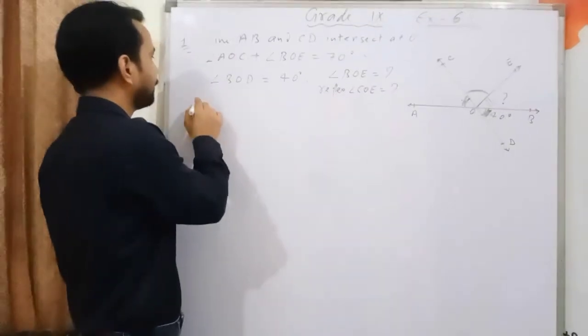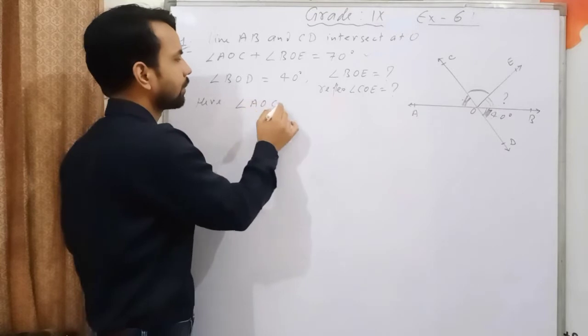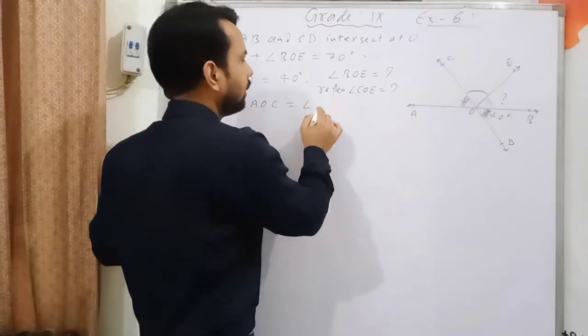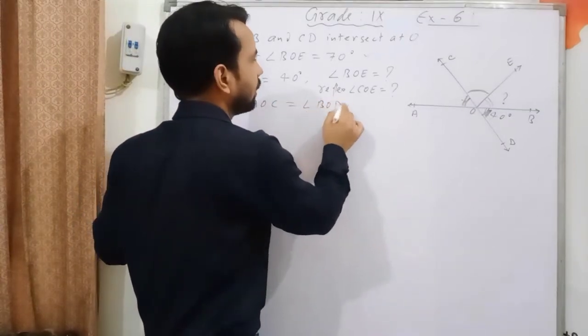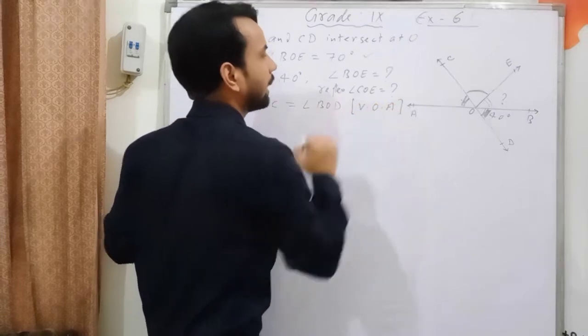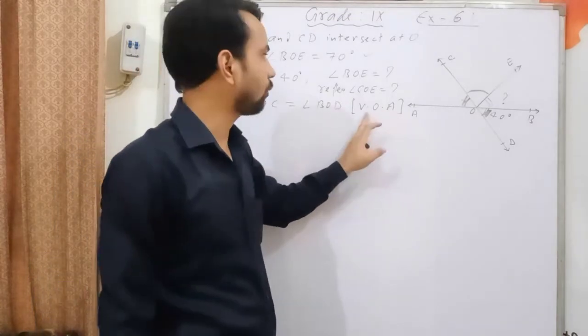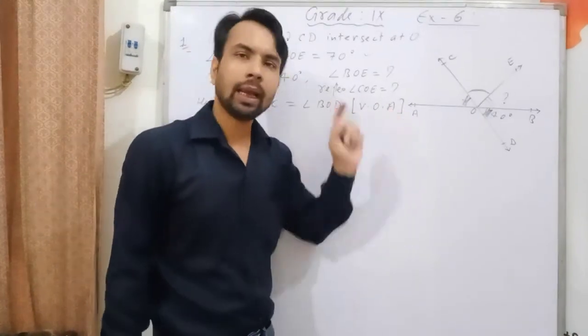So you have to write here angle AOC equals angle BOD, and mention the reason: vertically opposite angles. V for vertical, O for opposite, A for angles.